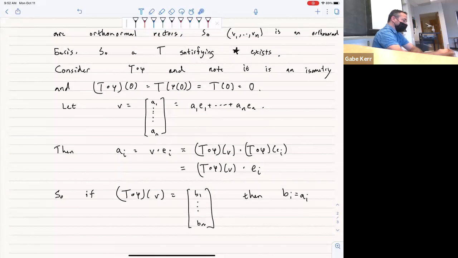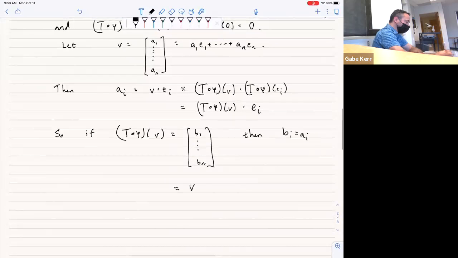The way I find BI, if I want this vector, is I can dot this vector with EI. We just saw that if we dot this vector with EI, we get AI. But that means that this is equal to V. This is the identity transformation.